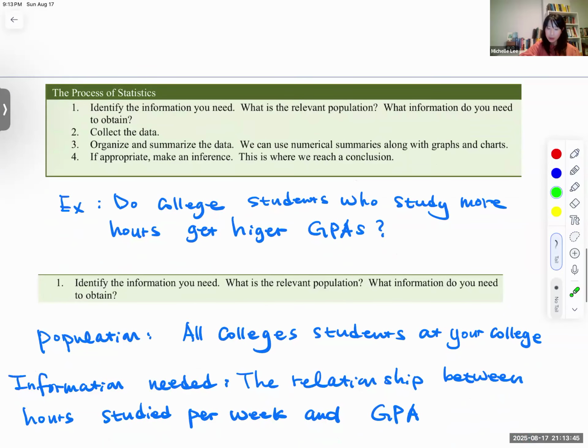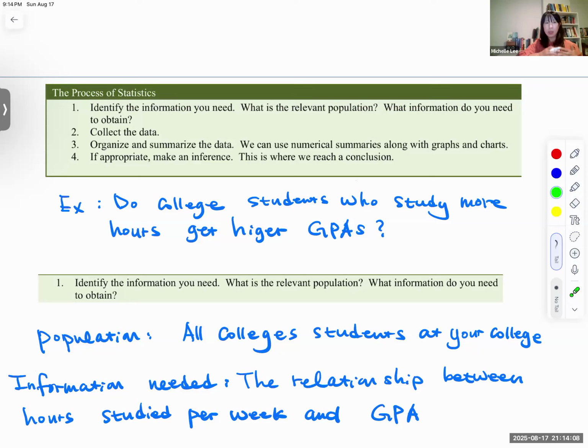So here is the example. Do college students who study more hours get higher GPAs? Yeah, this is obvious, right? Study more, then higher GPA, right? Then population will be, we just learned what is a population. Population means set of all individuals, right?